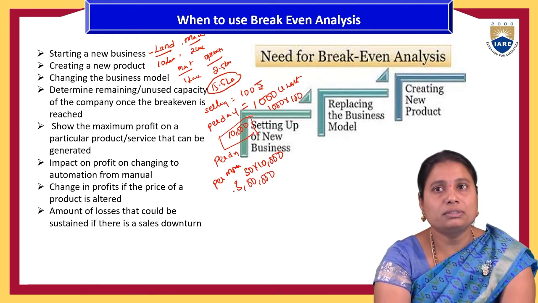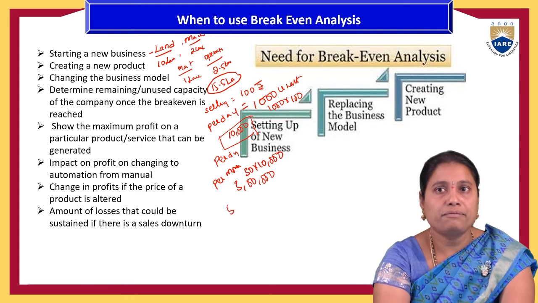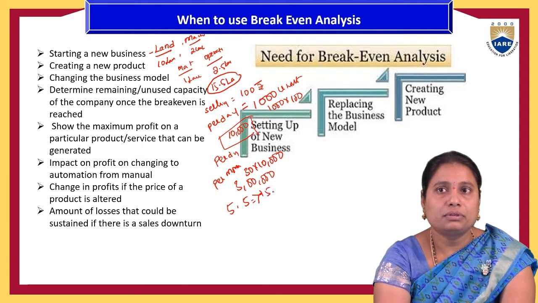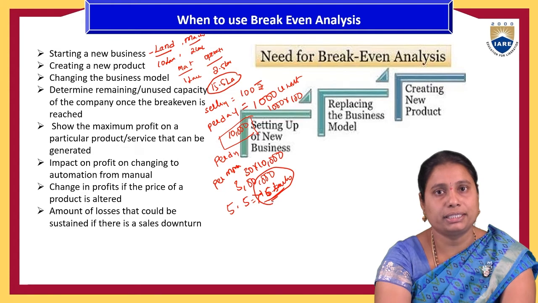So for 5 or 5.5 months, it will take 15 or 16 lakhs, 16.5 lakhs of rupees he will generate.